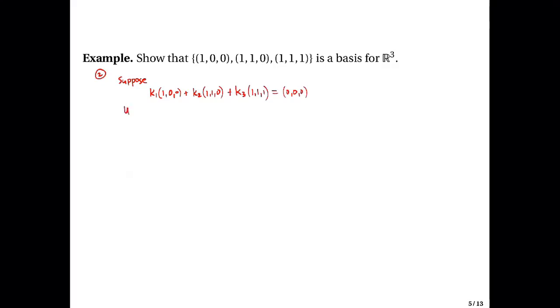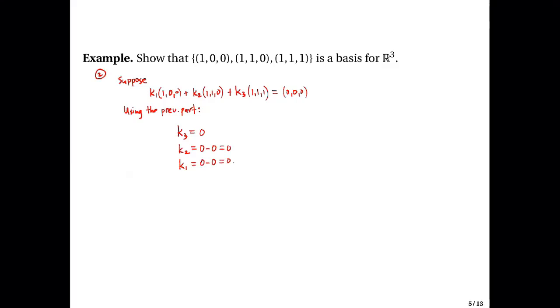So using the previous part, K3 is your C, but C here is equal to 0. K2 is your B minus C, so that's 0 minus 0, and again 0. And K1 is your A minus B, and it's still 0 minus 0.